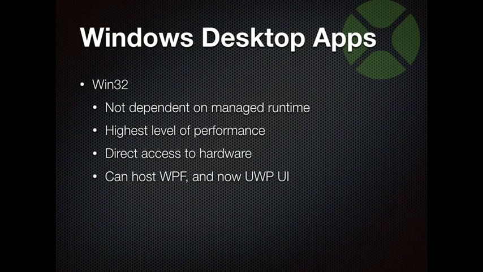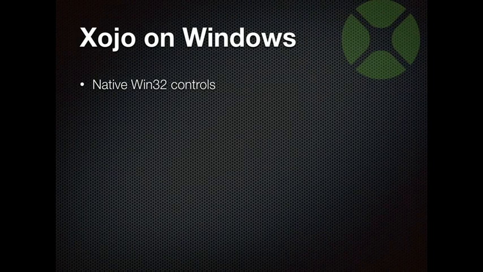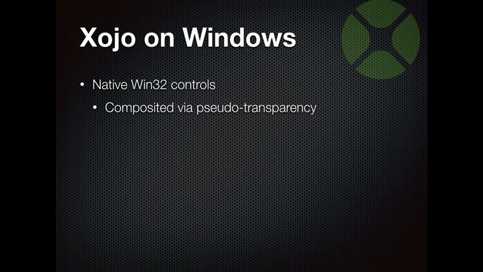It can also host WPF controls, and soon UWP UI controls as well. It's got access to the Windows runtime, and it is native. So you'll see the visual styles and everything just works with all the themes.